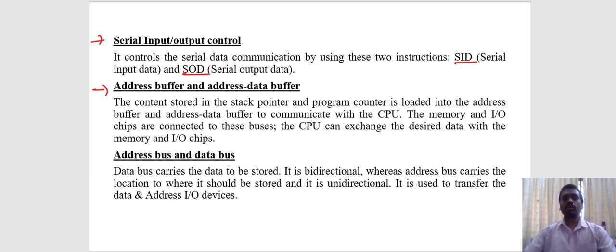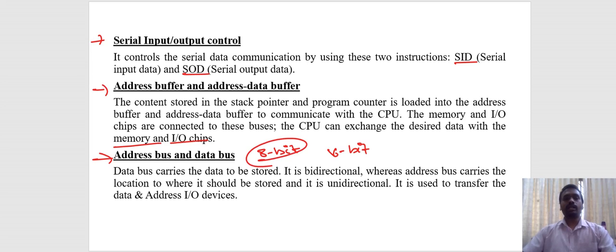Through this unit only, the IO devices, memory units and other external devices are interfaced to the microprocessor. And there is an address and data bus. As we already defined in the specifications, it has an 8-bit data bus and a 16-bit address bus.